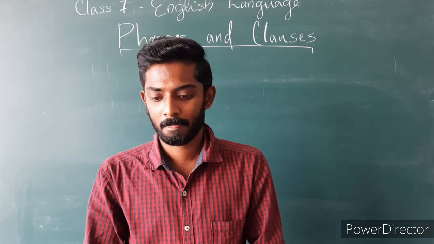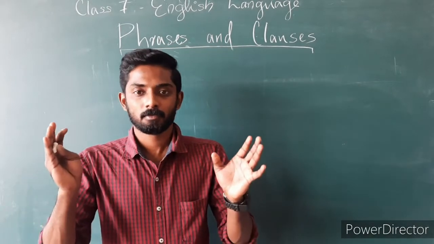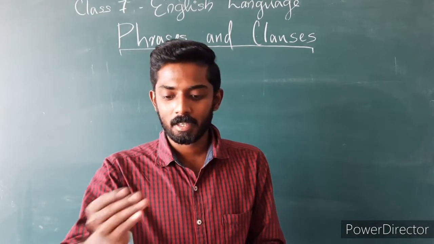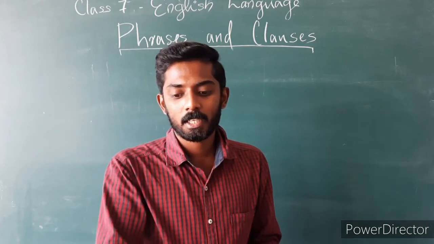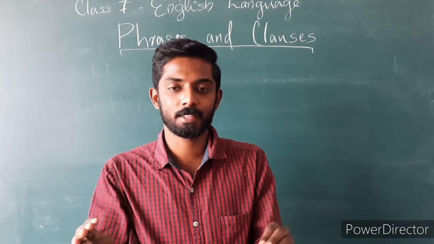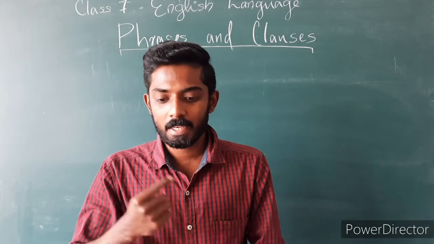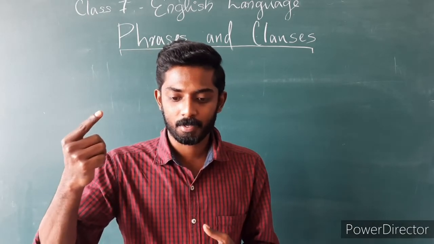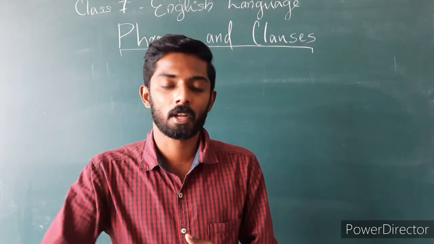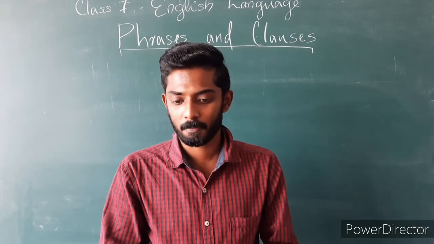"I remember the letter" is the independent clause, and the second part, "that she wrote to me," is the subordinating clause. It functions as an adjective clause because it describes or qualifies the noun. I hope you got it.